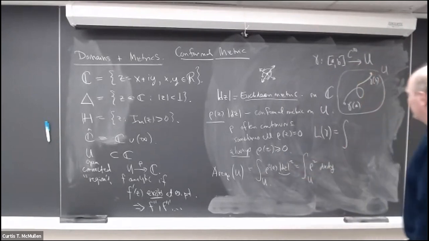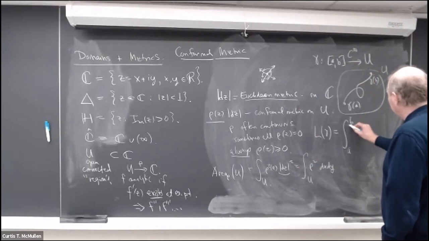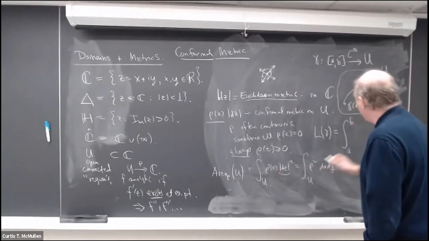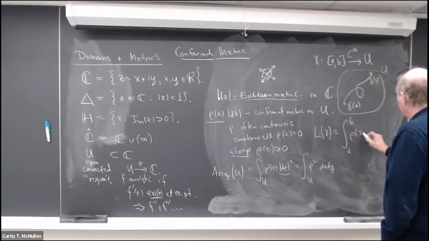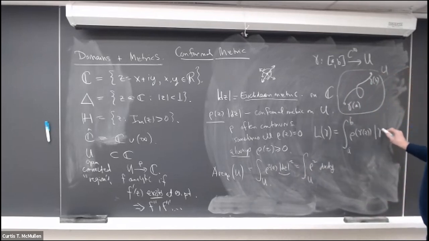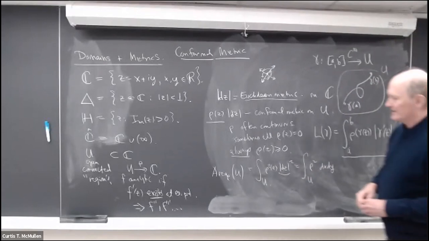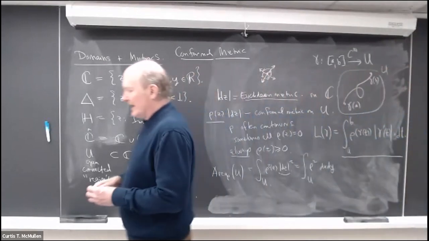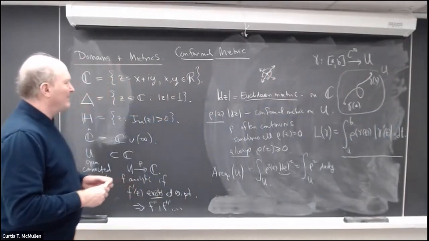It's the integral from a to b. And now I just pull this metric back. So I take rho evaluated at gamma of t, and then I take the absolute value of gamma prime at t times dt, where t goes from a to b. Okay, so that's how one works with conformal metrics.